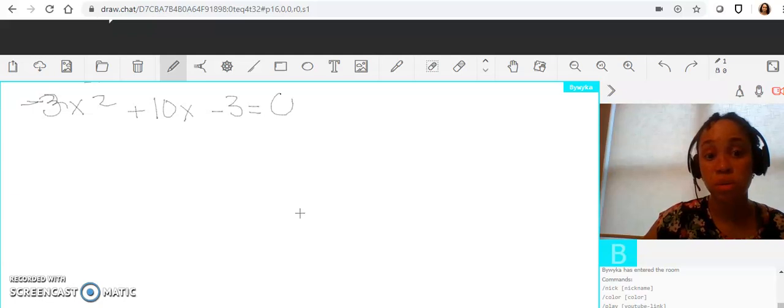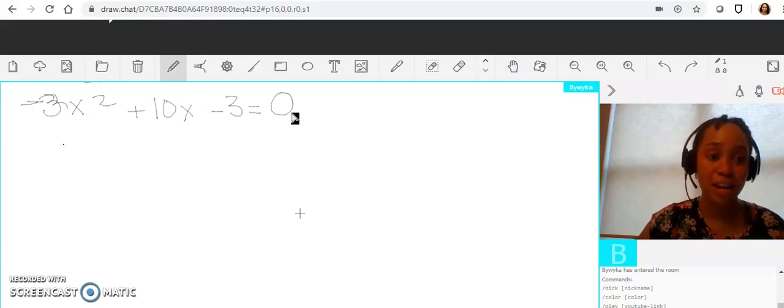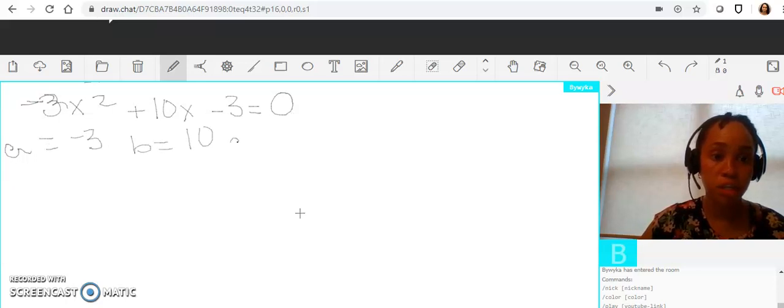Remember, it has to be equal to 0 because I want to find out what my solution is. So the first thing I'm going to do is name what my values are. I have a is equal to negative 3, b is equal to 10, and c is equal to negative 3.